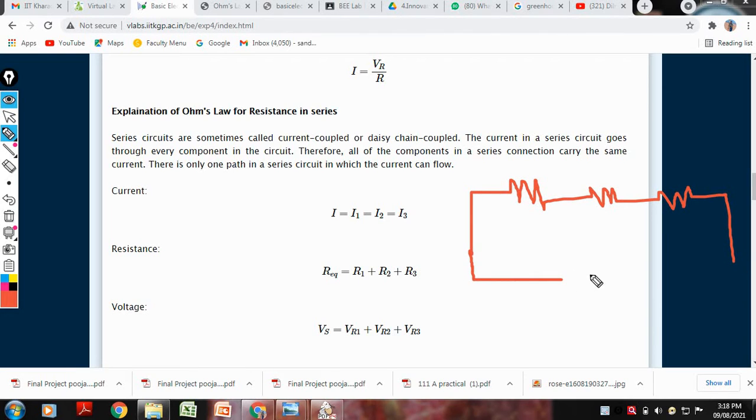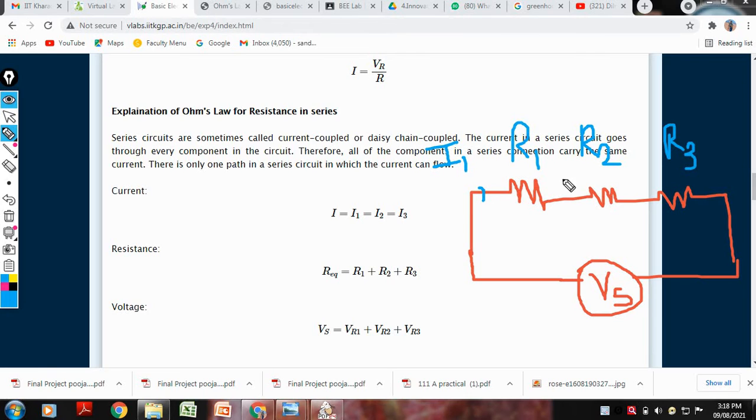Here the supply voltage is Vs. This is the resistance R1, this is the resistance R2, and this is the resistance R3. Then here the currents are I1, I2 and I3.